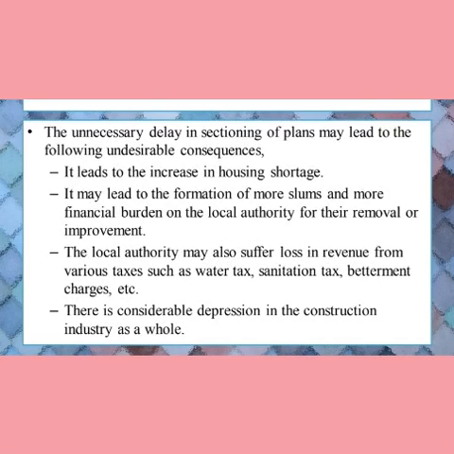Why is it called a depression? Imagine the owner gives money to the contractor for constructing a building and the plan is not approved by the local authority. At that time, construction will not start, so the money flow will be stopped. The owner gives money to the contractor to construct a building, and the contractor gives this money to the labor.